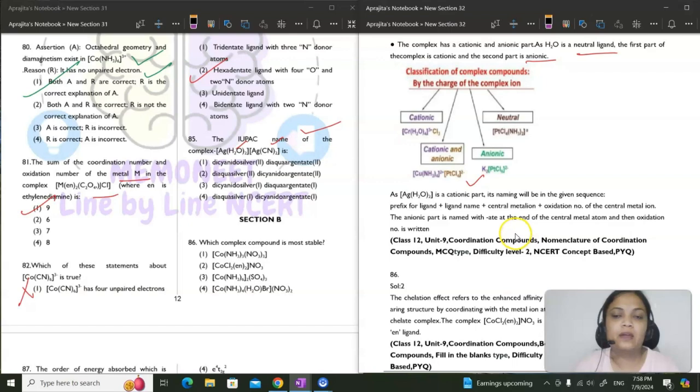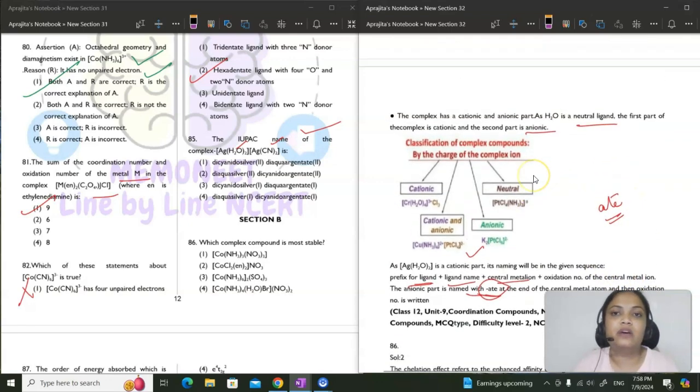The sequence will be prefix for the ligand, then the ligand name, central metal ion, and then oxidation number. After that the anionic part is named with ATE at the end, and then the oxidation number will be written.